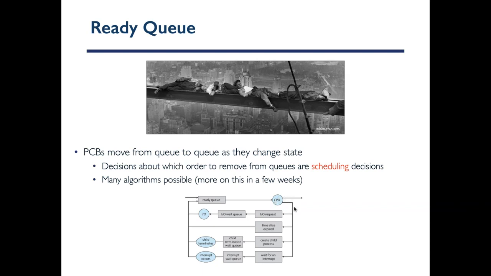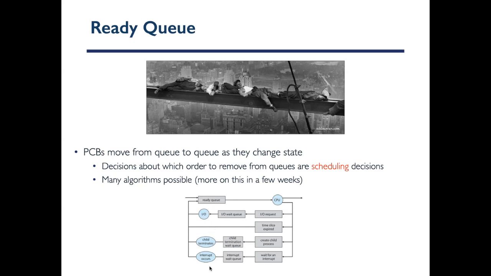Your PCB will be moved to the I/O request queue or I/O wait queue. So now you're waiting, your PCB is there waiting for I/O. And once your I/O request is answered and you're again ready to process the data that you wanted, your PCB will be moved back to the ready queue and you're ready again to be scheduled on the CPU to run.